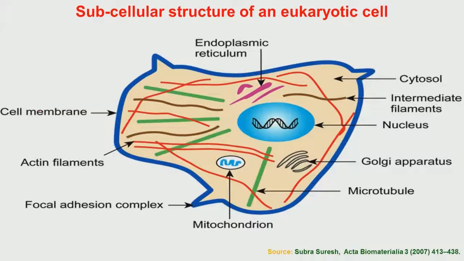Around 5 to 10 minutes back, I was explaining how the cytoskeleton structures appear in a eukaryotic cell. Now this particular slide shows some of the details. Essentially, you have the microtubule, which has a different diameter than the actin filaments, shown here in red, and also the intermediate filaments, shown in a different color, black.